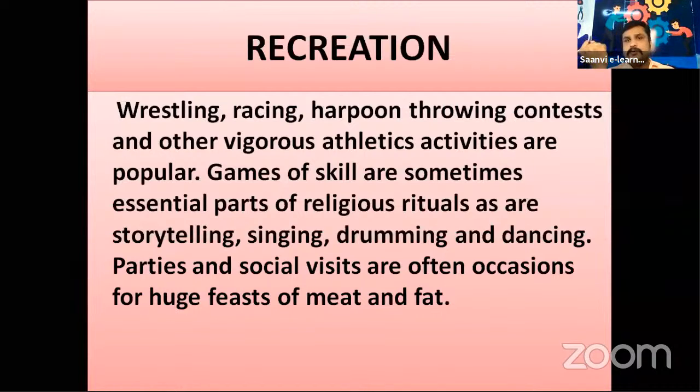Like a javelin throw, like a sharp-edged stick, we can say harpoons. That is one of the tools these people used. And like that, throwing competitions, and some hard athletics like sliding on the ice, different activities and games, and at the same time singing songs, drums, and storytelling.